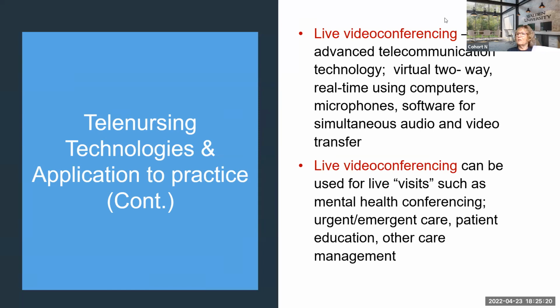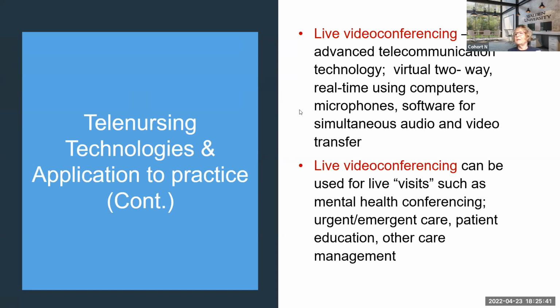Live video conferencing can be used for live visits, again, such as urgent care, patient education, that type of thing. The other thing that this can be used for are the virtual office visits, and again, as well as the remote monitoring.